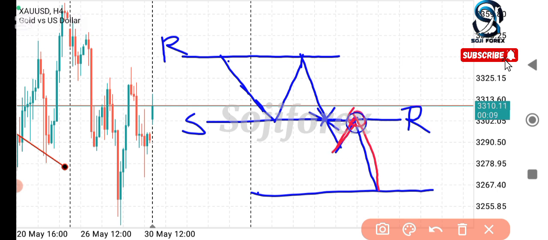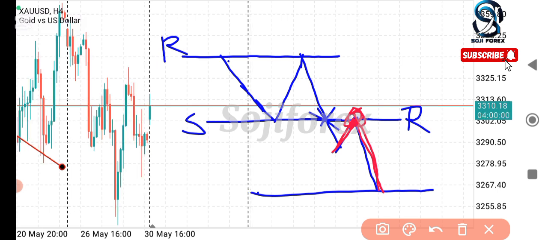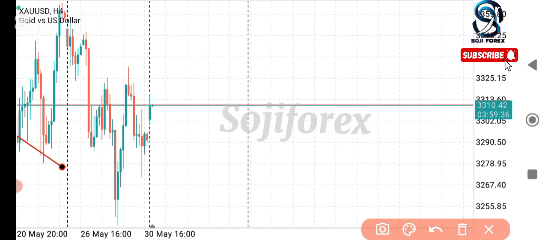So price returned here so that it can go higher, but sellers came in and returned price to the downside, and that prevented the price from going higher. So this is the mystery behind it. Whenever a resistance is broken, upon a retest it is confirmed as a support zone, and whenever a support zone is broken by price, upon a retest it automatically becomes a resistance.